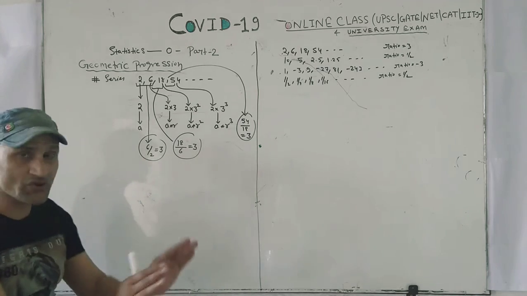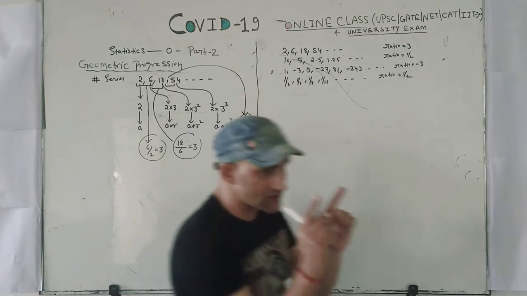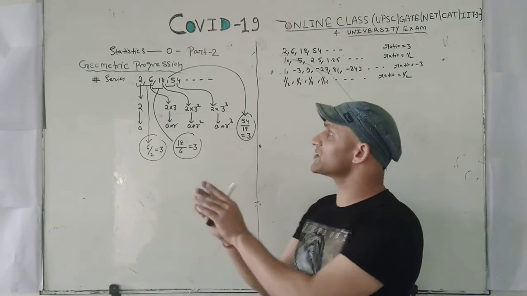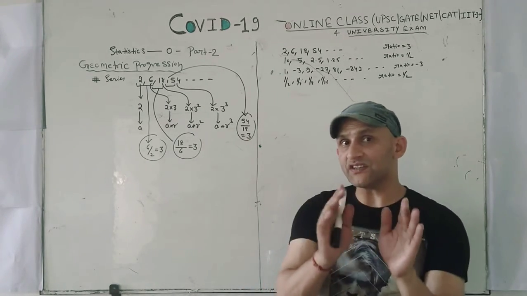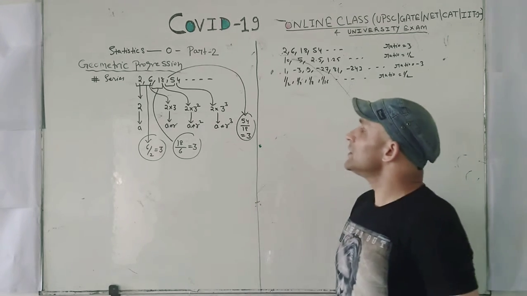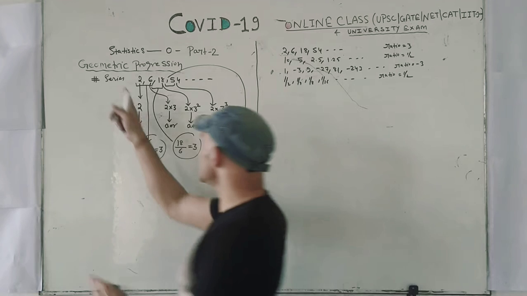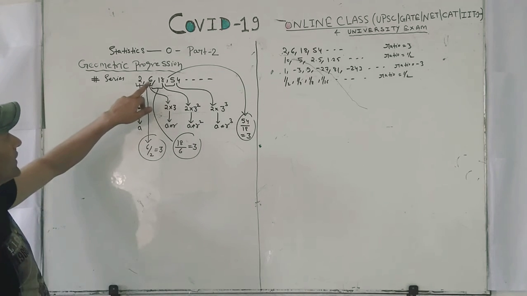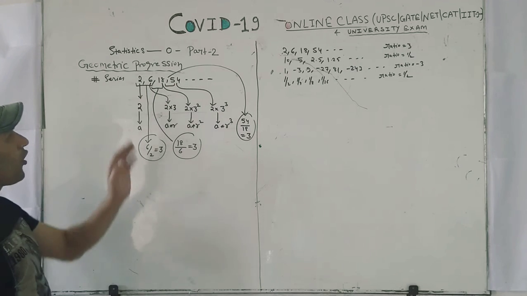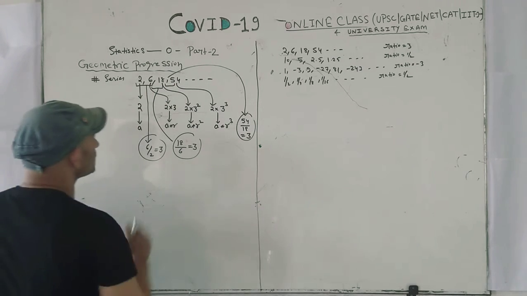Your first question, if you are studying in intermediate, will be whether this series is in GP, AP or HP. After that we will also cover the HP part. So here this series is GP because all these ratios are the same.